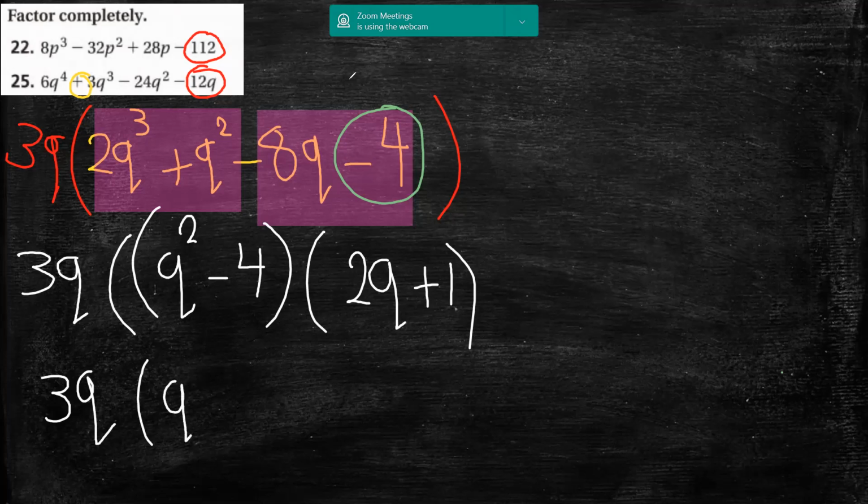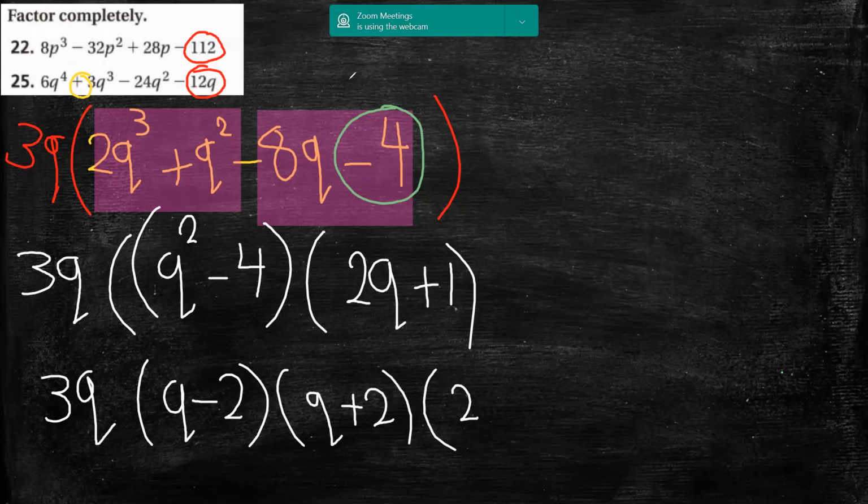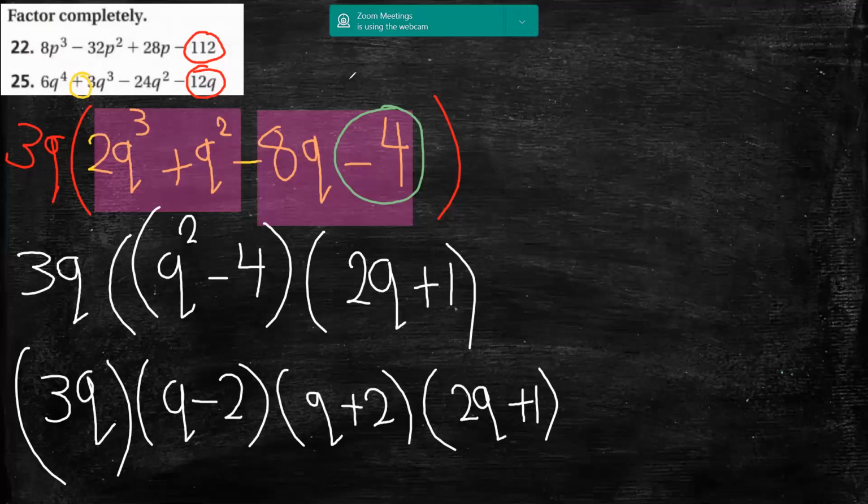It can be factorized to (q minus 2) times (q plus 2) times (2q plus 1). So these are all the factors of 6q to the power 4 plus 3q cubed minus 24q squared minus 12q.